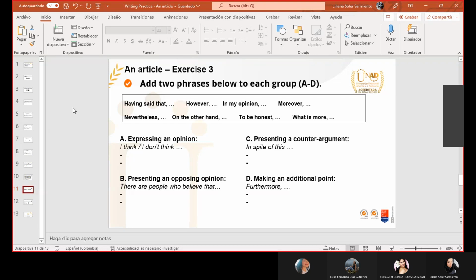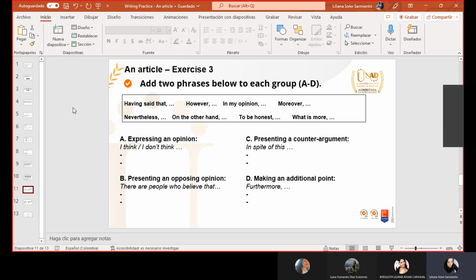Having said that, yes, very good. What other expression? However. On the other hand. Presenting an opposing opinion, on the other hand.